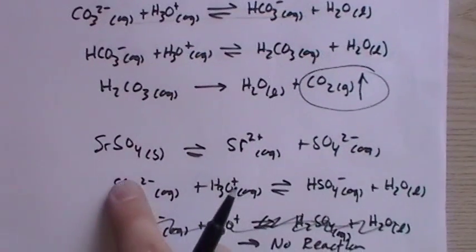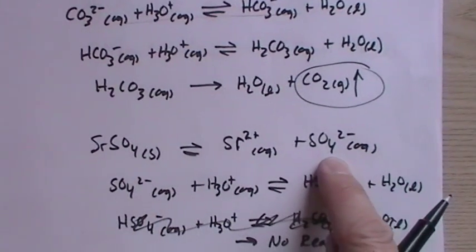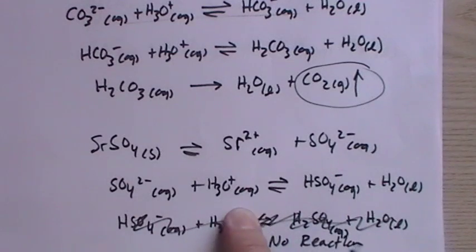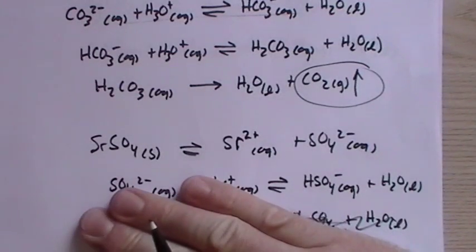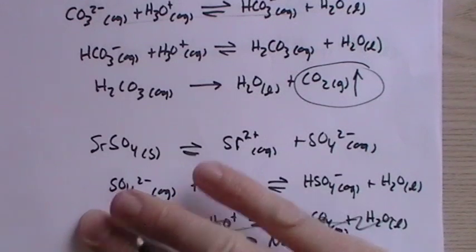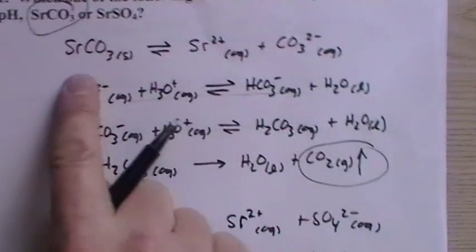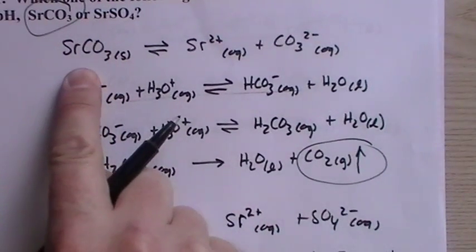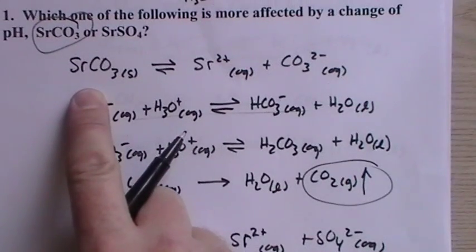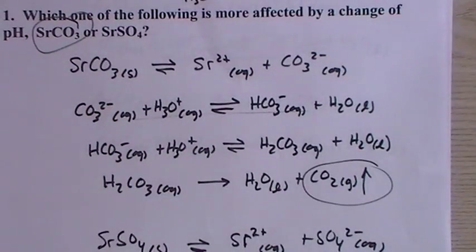This one goes forward, and then the sulfate ion reacts a little bit, so it goes a little bit further than it would. So if you have strontium sulfate on its own, it'll dissolve to a certain degree. But if you have an acid, it will go a little bit further, not very much. But this one will go all the way. You start out with your strontium carbonate on the bottom of the container, and it will completely dissolve.